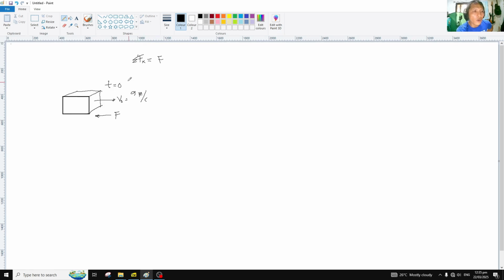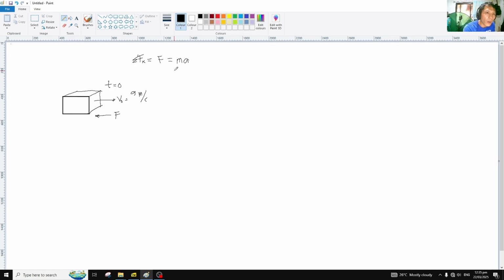Your velocity is going to the right and your acceleration, because of your F, is going to the left. So basically, the box will stop because you have a deceleration. The summation of forces on x is still equal to F, which is equal to m times a. But again, a is not constant, so we cannot resort to kinematics.